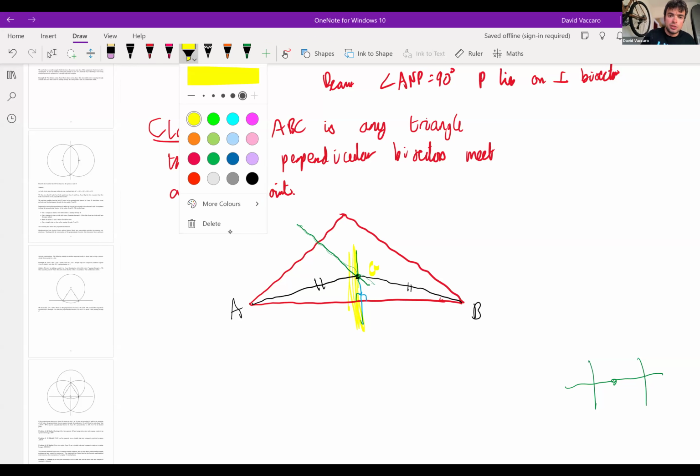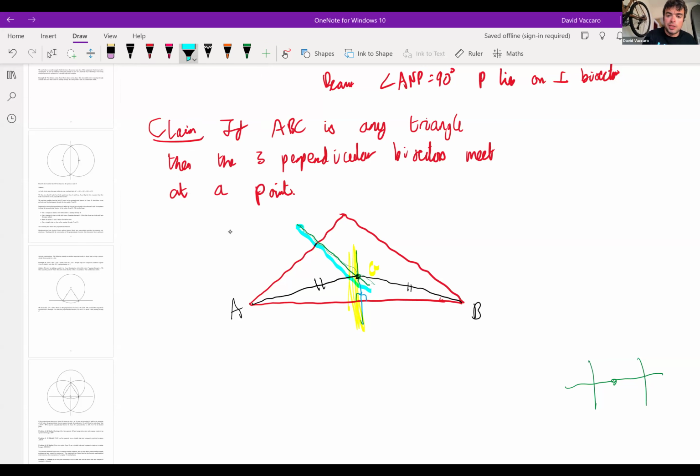Similar question. What property of points is satisfied by the points on the green line? Or on the line that I've just highlighted blue. It's equidistant from A and C. So that means that AG is equal to GC.